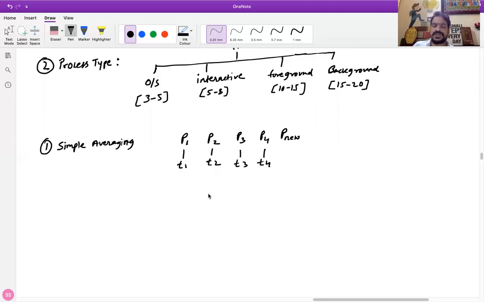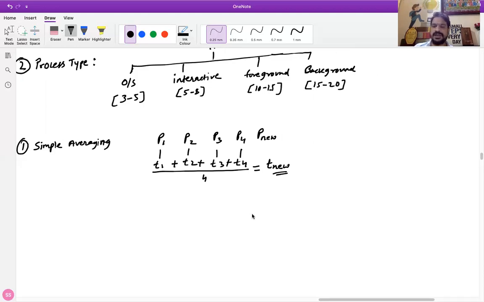So what we do is we take the burst time of all the previous processes. We calculate the average of it, and whatever comes, we give this value to the burst time of the new process. So this is a simple averaging algorithm.